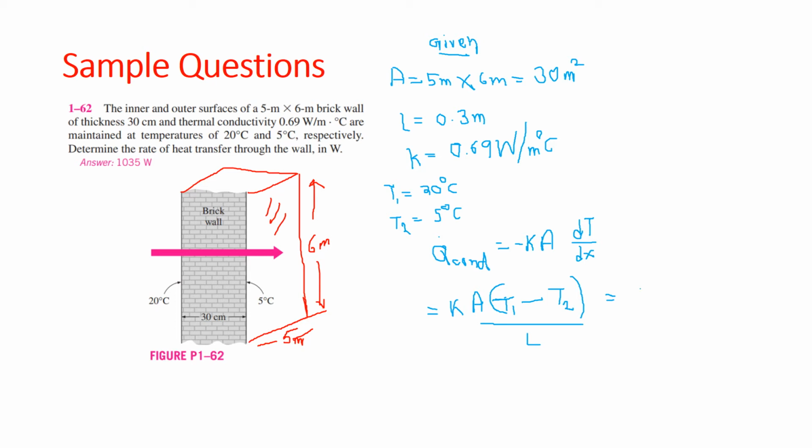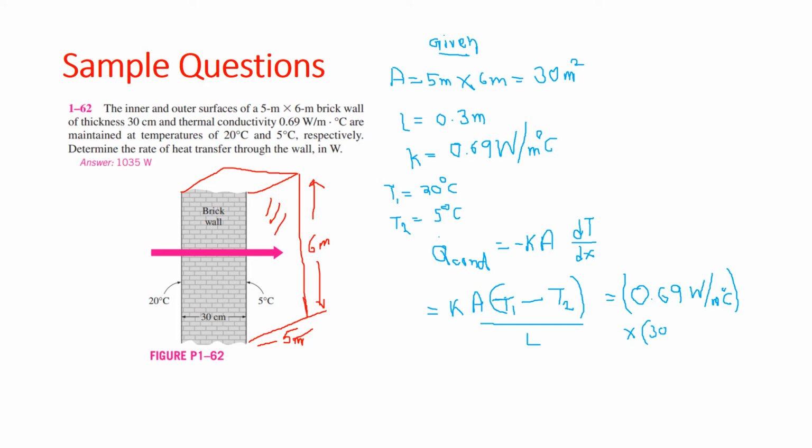So it's nothing but 0.69 watt per meter degree Celsius multiplied by the area, which we already know, 30.